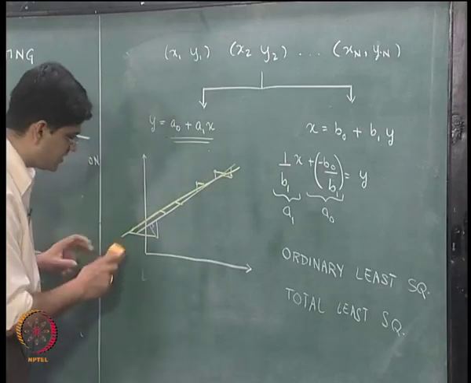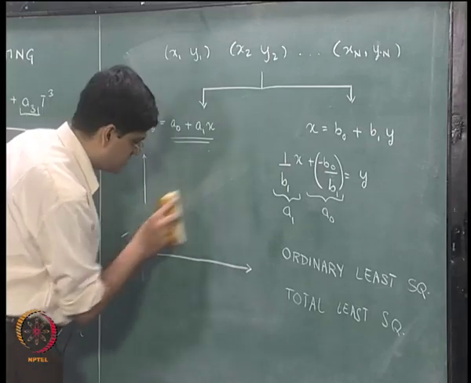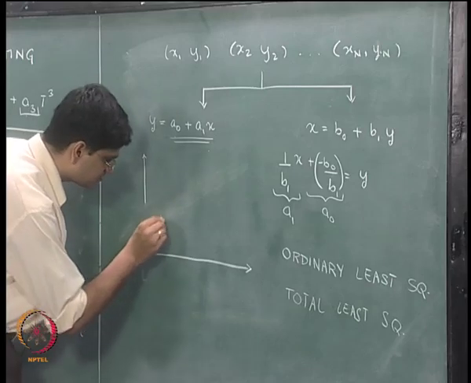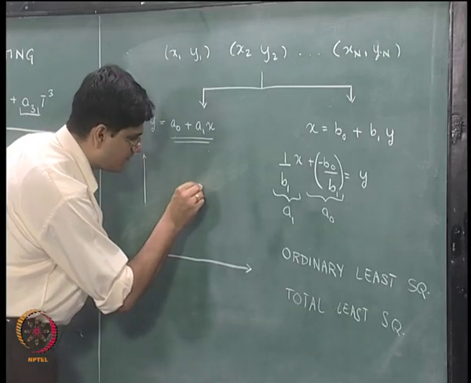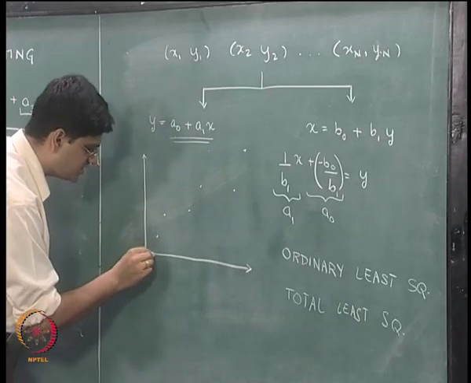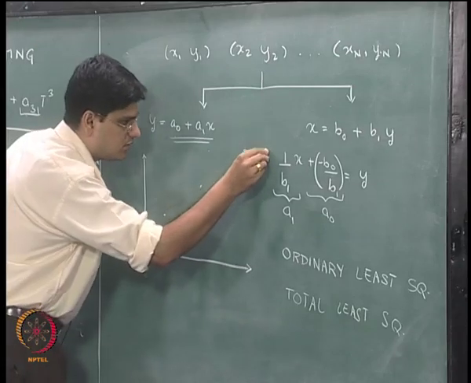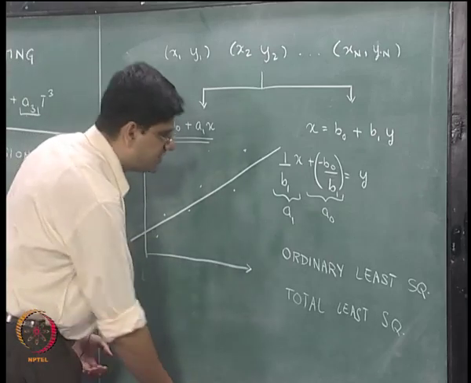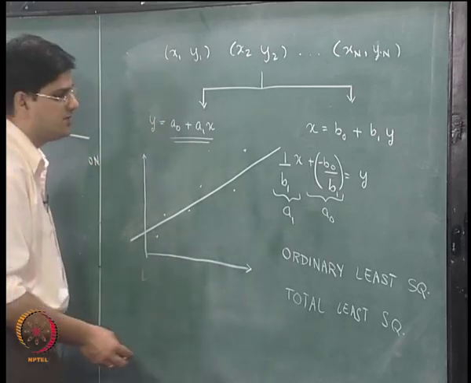So I will just erase this and draw the various points all over again. I am widely spacing these points, and let us say this is the best fit line.